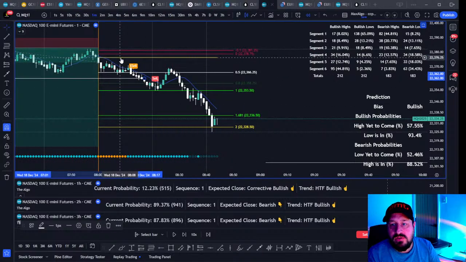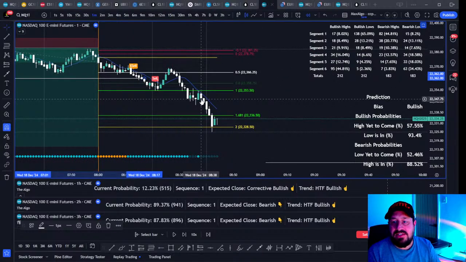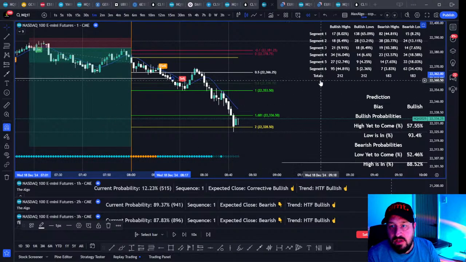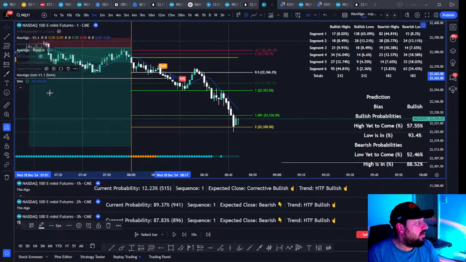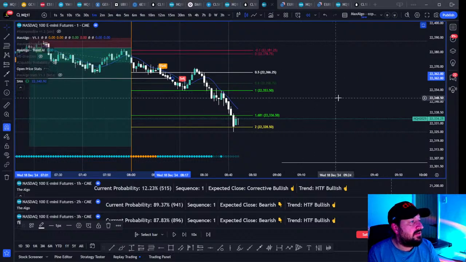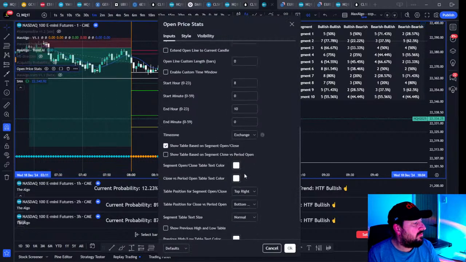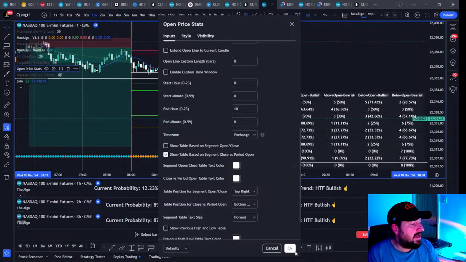We're also closing below the open. What's the probability of price being bearish when we close below the open? Well, if you're a Max Algo user, all that you do is you load up your open stats, and change from this to close below the open. Okay.